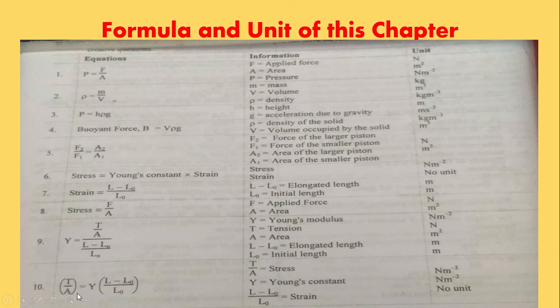Finally, T by A equals Y into (L minus L naught) by L naught. I think these formulae and units will help you a lot while doing math. You must remember all the units, because in the math, if you don't put the appropriate unit, your marks will be cut, approximately 1 mark from your copy.